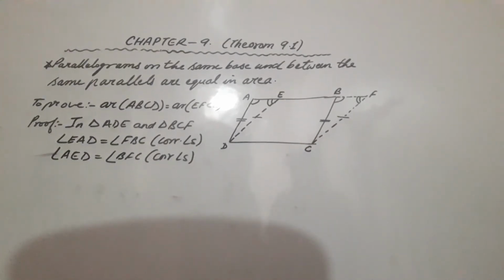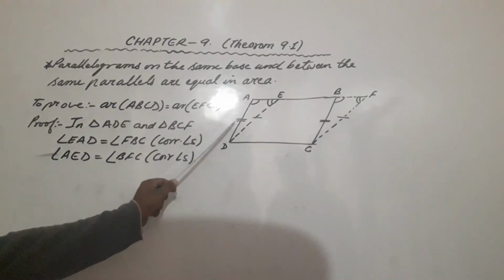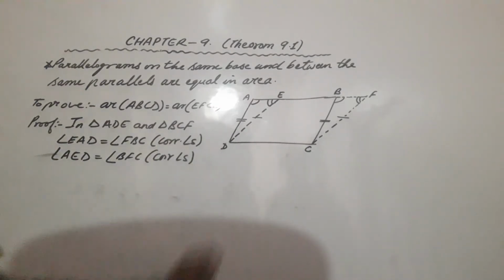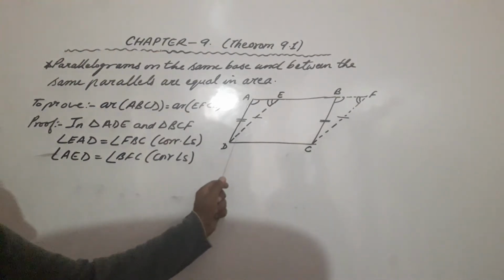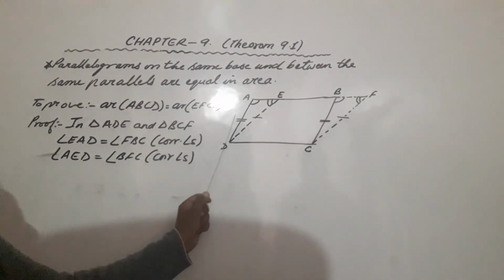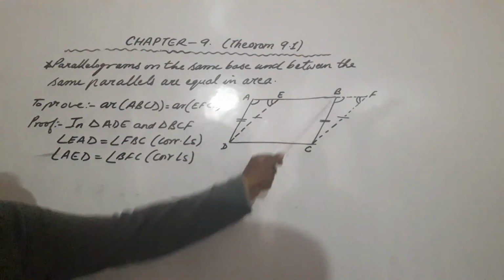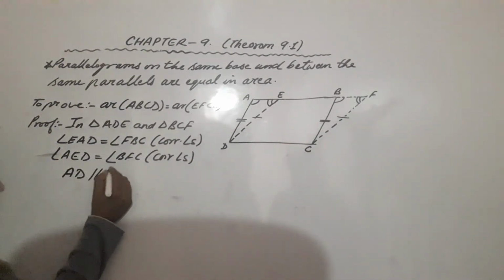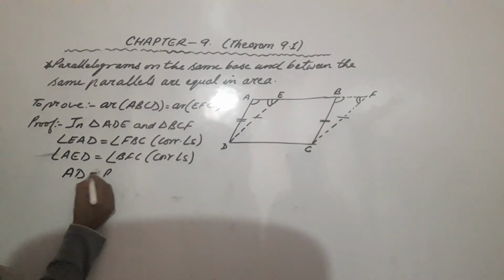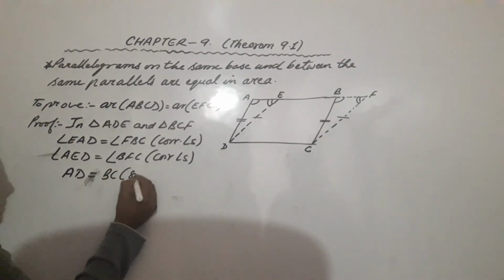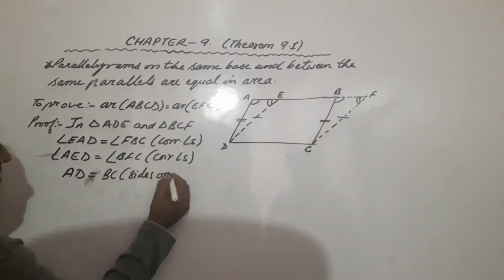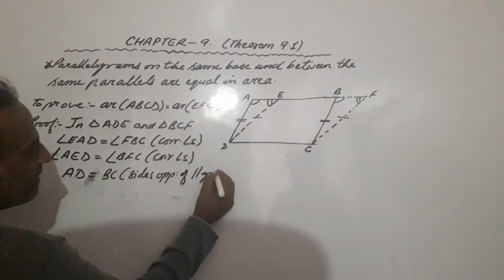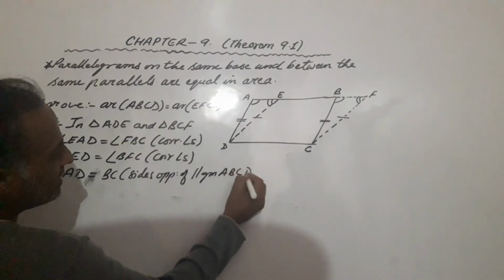Now what do we see here? The line AD and the other line BC are equal. Why? Because they are opposite sides of the parallelogram. What is the parallelogram here? ABCD. So we will write AD is equal to BC, opposite sides of parallelogram ABCD.